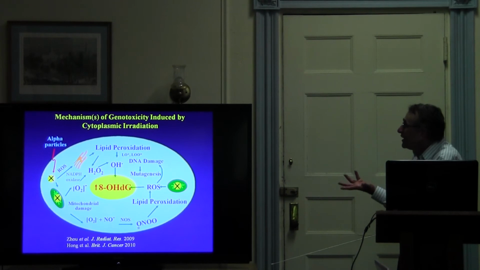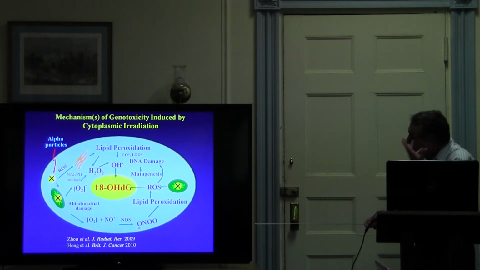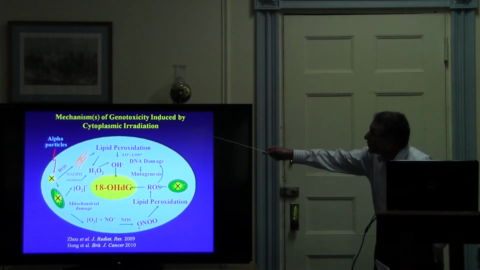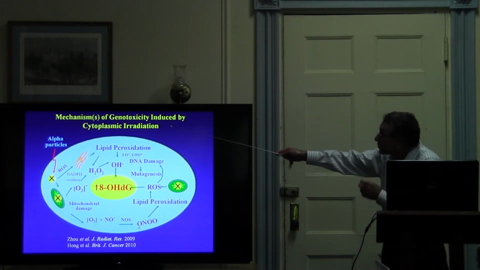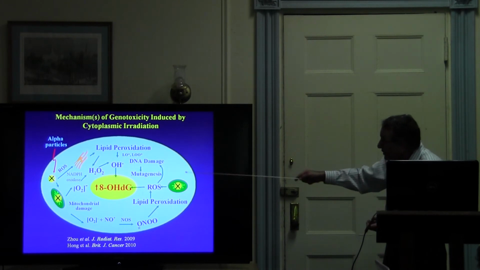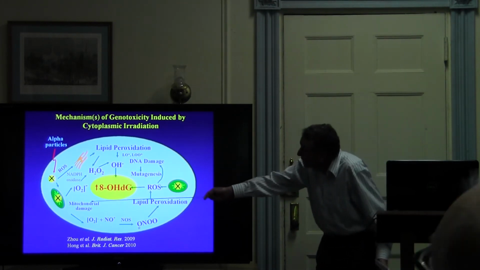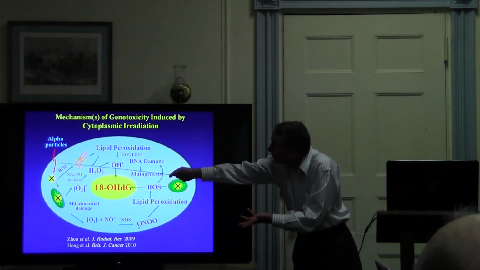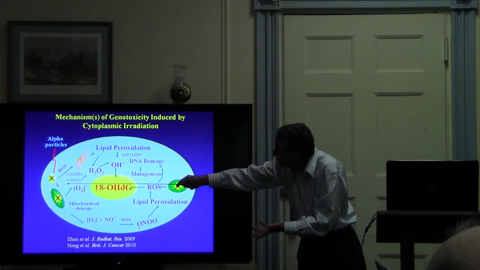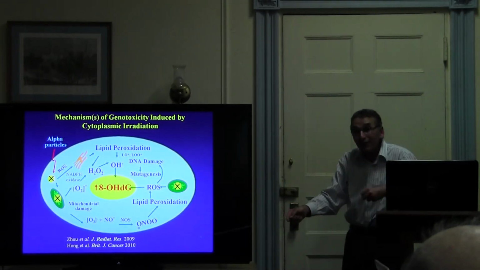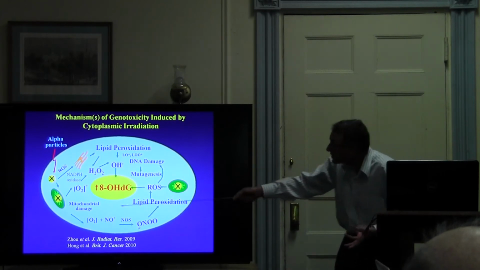So the work in Dr. Hayes' lab follows, now continuing on the mechanism of genotoxicity induced by cytoplasmic irradiation. When we hit the cytoplasm, we can hit maybe mitochondria, we go through the plasma membrane, we activate an NADPH oxidase, we can activate nitric oxide synthesis.